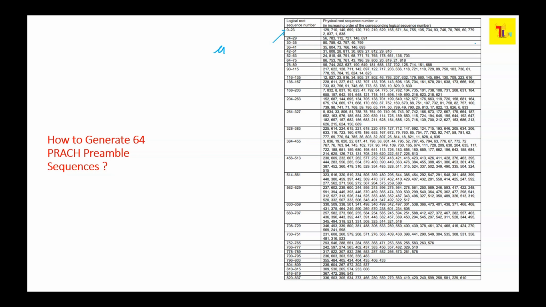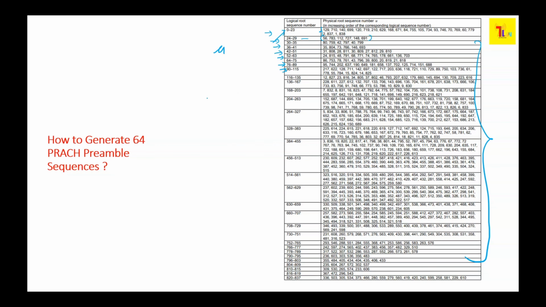These are the values for the 839 ZC sequence. They are put in small buckets defined by the 3GPP, so that it will be easy for configuration and to be understood by the UE or the system very easily. So the logical root sequence, as per the 3GPP, is given like 0 to 23. Within this bucket we are going to use this physical root sequence. Likewise, buckets have been defined.